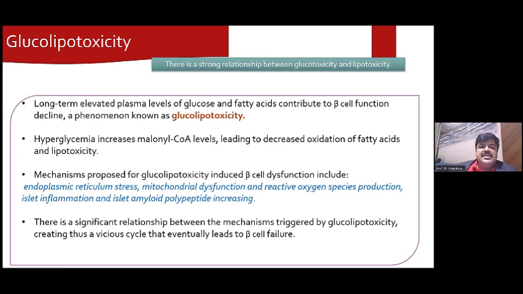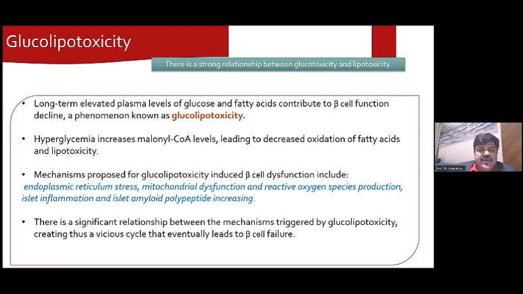Hyperglycemia increases malonyl CoA levels, leading to decreased oxidation of fatty acids and lipotoxicity. Mechanisms proposed for glucolipotoxicity induced beta cell dysfunction include endoplasmic reticulum stress, mitochondrial dysfunction, and reactive oxygen species production, inflammation, and increased islet amyloid polypeptide.